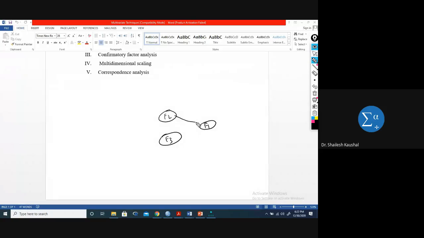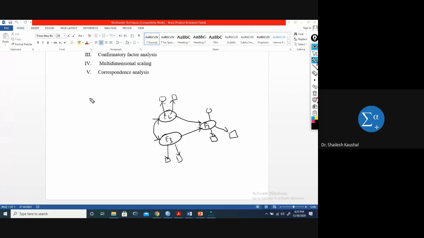Here there is a relationship of this type, and each has two questions. In the first step we confirm the factor analysis using the measurement model, and in the second step, after conducting the CFA, we identify our exogenous and endogenous variables.